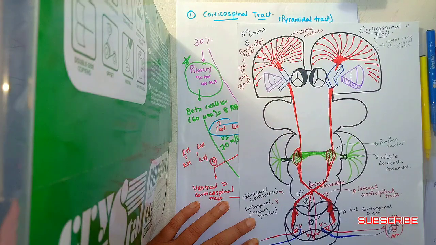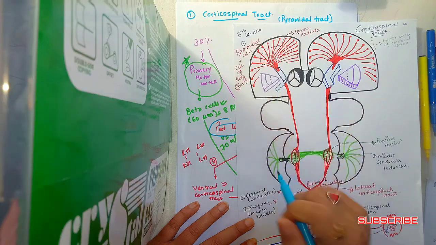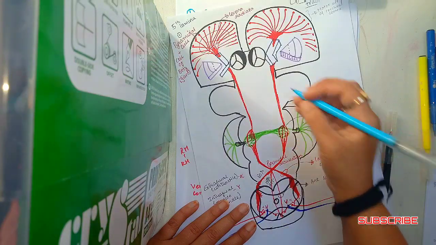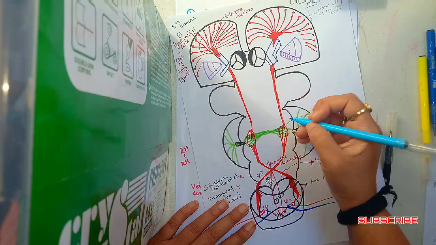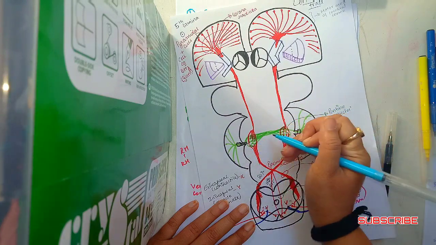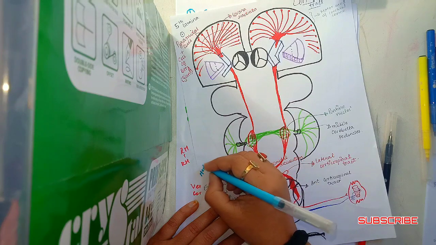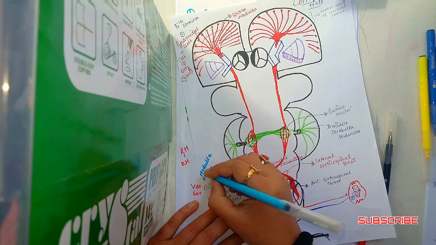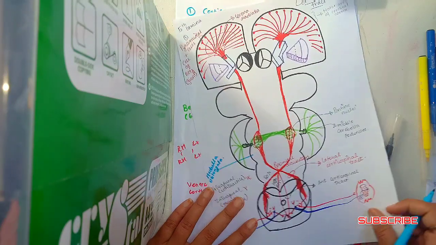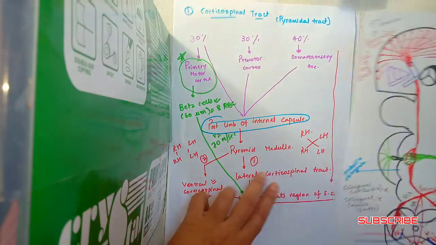It is between the caudate nucleus and putamen. Then it goes to the medulla. Here we have the cerebellum or midbrain, pons, and this is the medulla oblongata. Let me write here, medulla oblongata. Okay, then it goes in the pyramid of the medulla oblongata.